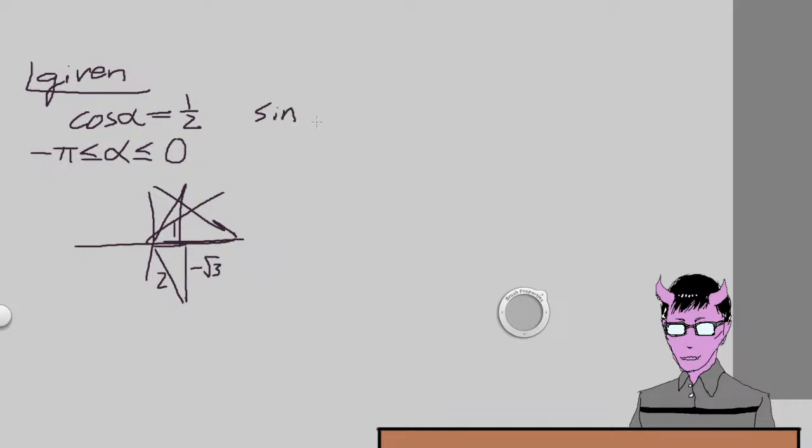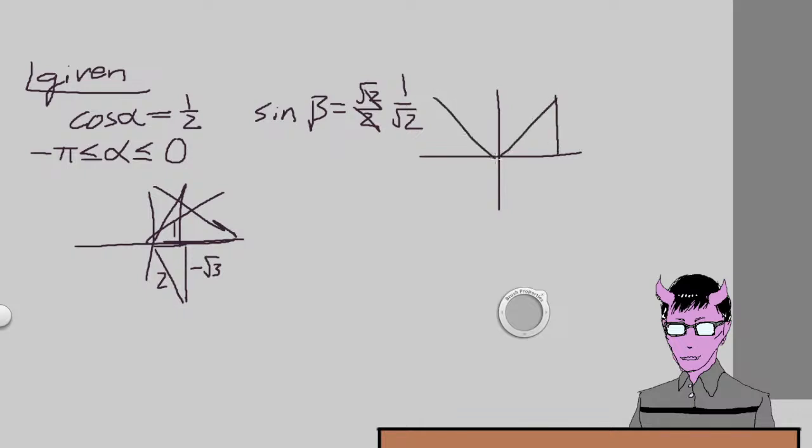Given sine of beta is equal to √2 over 2. So again, just by having this one alone, it's the ambiguous situation, technically infinite. But if we're chasing down the smallest positive angles, reference angles, what do we get? That's going to be positive 1 opposite over root 2 hypotenuse. So either in quadrant 1 or in quadrant 2.